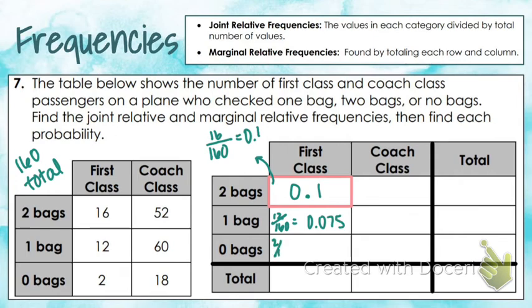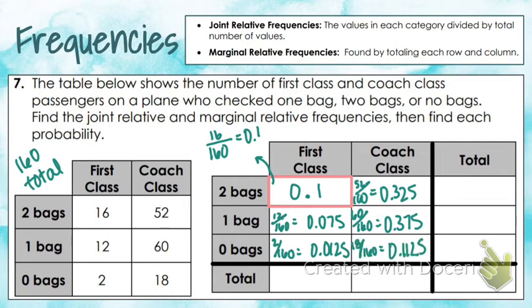This one will be 2 divided by 160, which will give you 0.0125. This one will be 52 out of 160, which is going to give you 0.325. The next one is 60 out of 160, which is going to give you 0.375. Then we will do 18 divided by 160, and that gives you 0.1125.